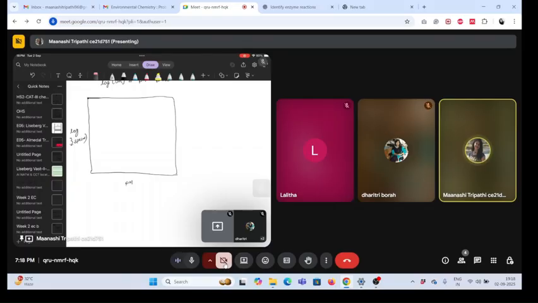So two things you have to remember. Make a cross first. This cross will be H plus and this will be OH minus. So this will be common in all types of plot.